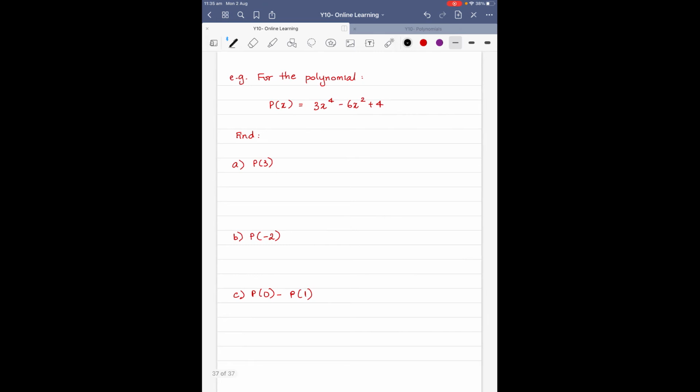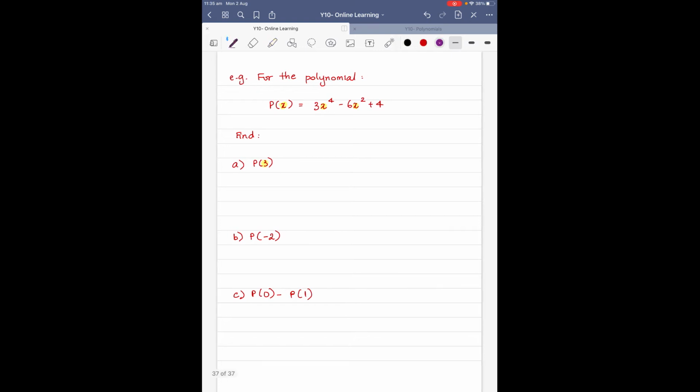So the first example, for the polynomial P(x) equals 3x to the power of 4 minus 6x squared plus 4, we want to find what is the value of P(3). That means when x is 3. Okay, so let me highlight that. Every x value that you see, you're going to change it into the number 3.